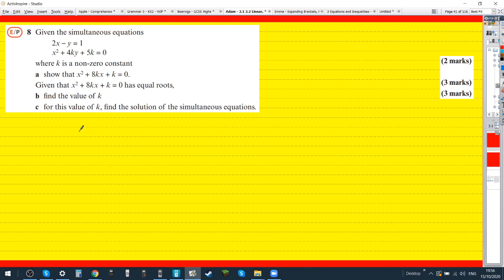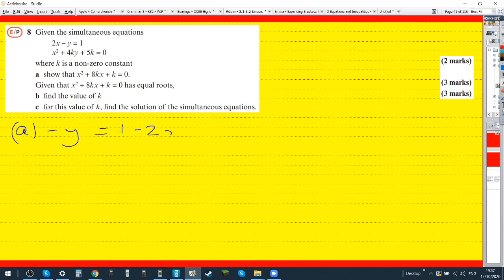So we make it equal to y first. Would you, 2x minus y equals 1, minus 2x on both sides? You could, yeah, which would be minus y equals 1 minus 2x.